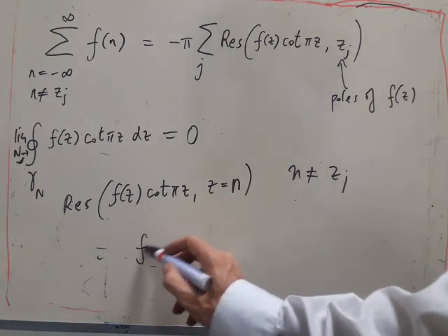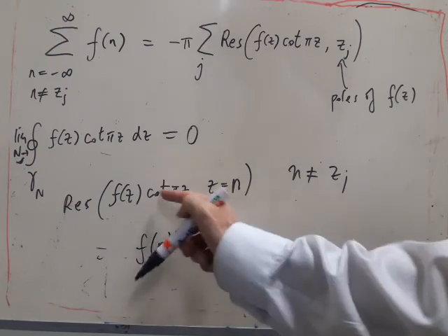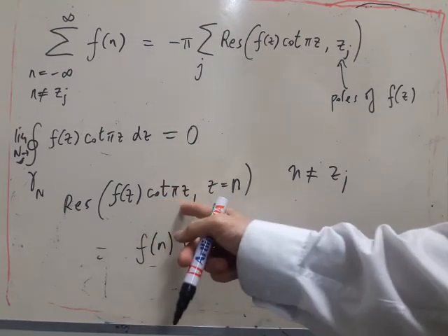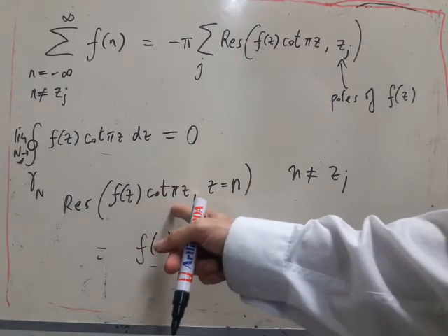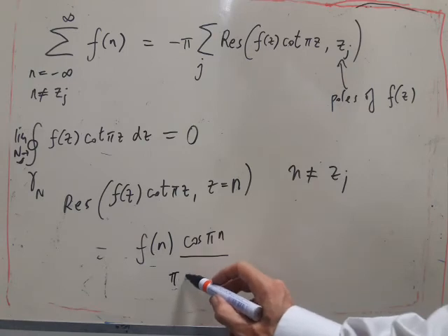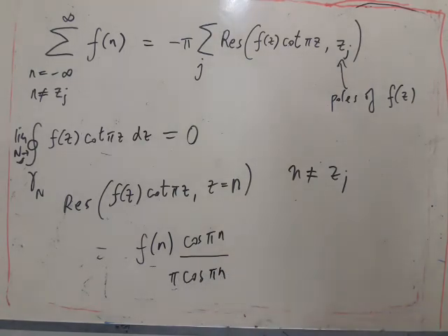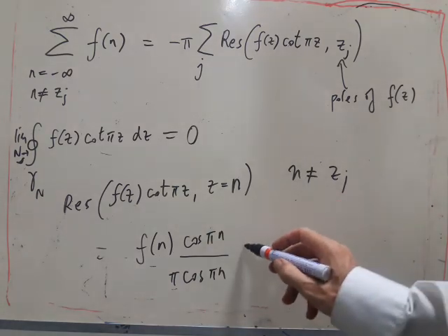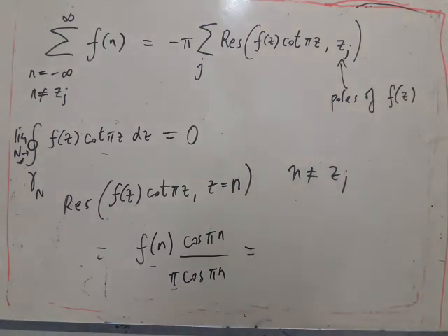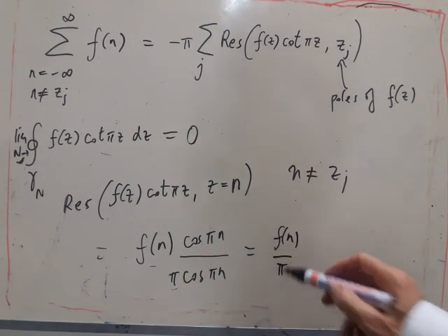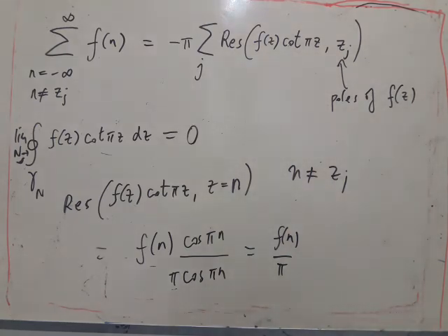So we'll end up with f of n, substituting in, cos pi n divided by the derivative of sine pi n, which is pi times cos pi n. So now you sort of see where all this is coming from. So this simply then gives us f of n divided by pi as the residue.